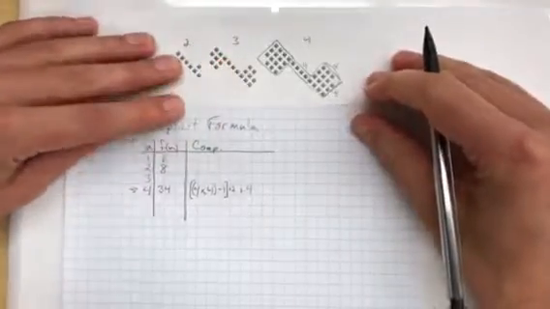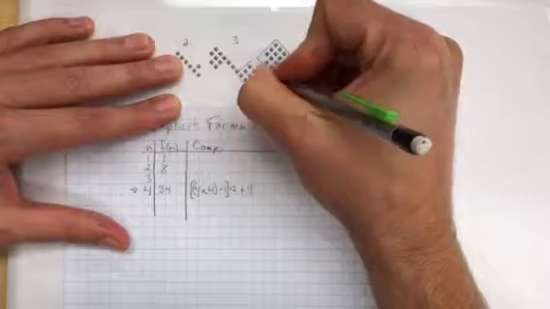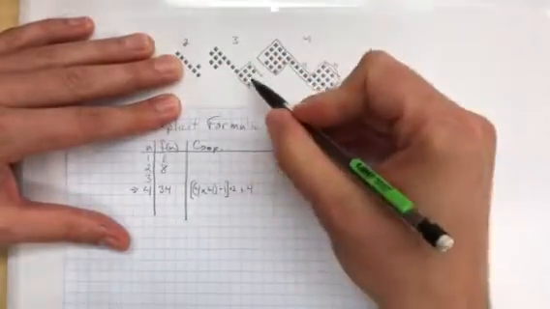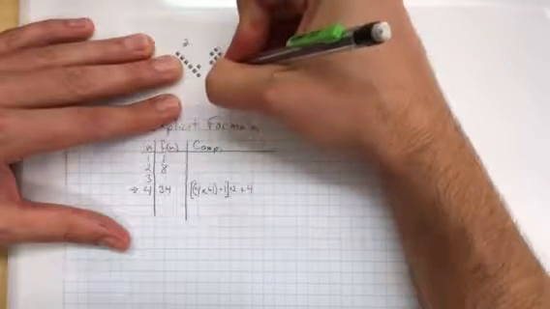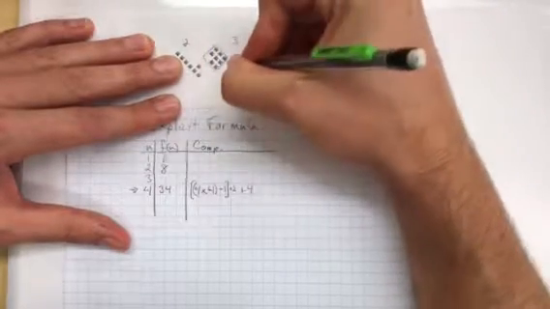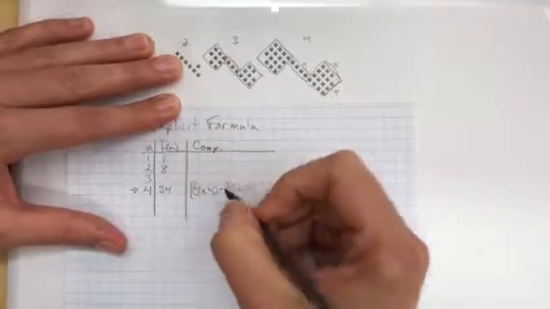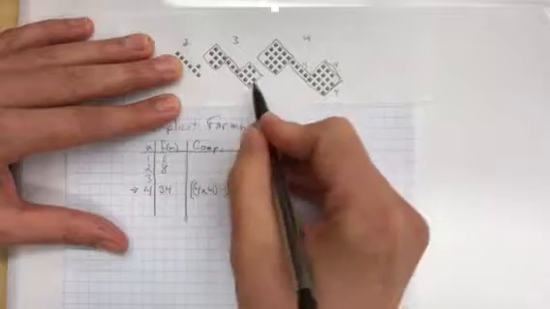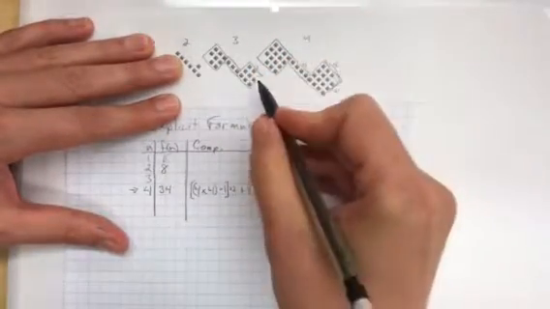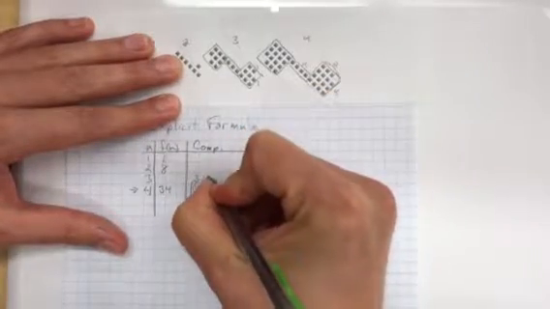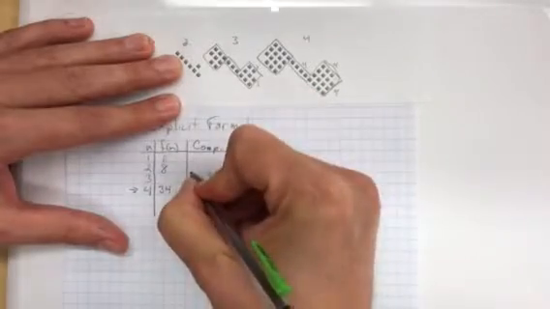So let's just do that again for the third one. The third figure, we group it again. We've got 3 by 3 minus 1. Okay, 2 of those, and then this group of 3 here. So for 3, that gives us 3 times 3 minus 1. There's 2 of them, so we multiply that by 2.